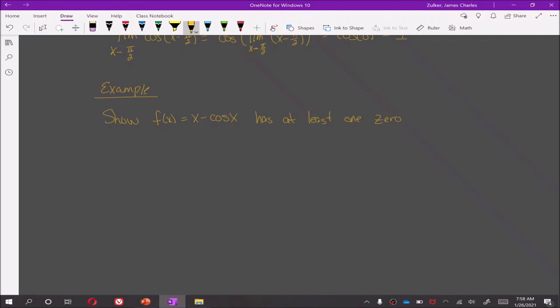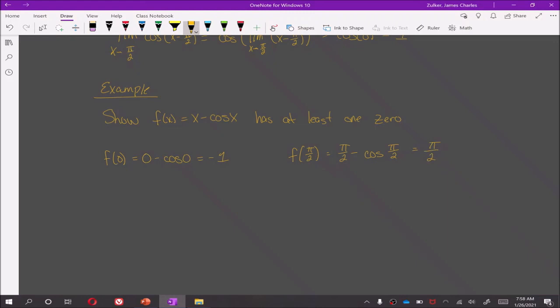Now, to do this, first notice f of 0 is 0 minus cosine of 0, which is equal to negative 1. Let's take a look at f of pi over 2. Right, so this is pi over 2 minus cosine of pi over 2. Well, since cosine of pi over 2 is 0, this just gives us pi over 2.